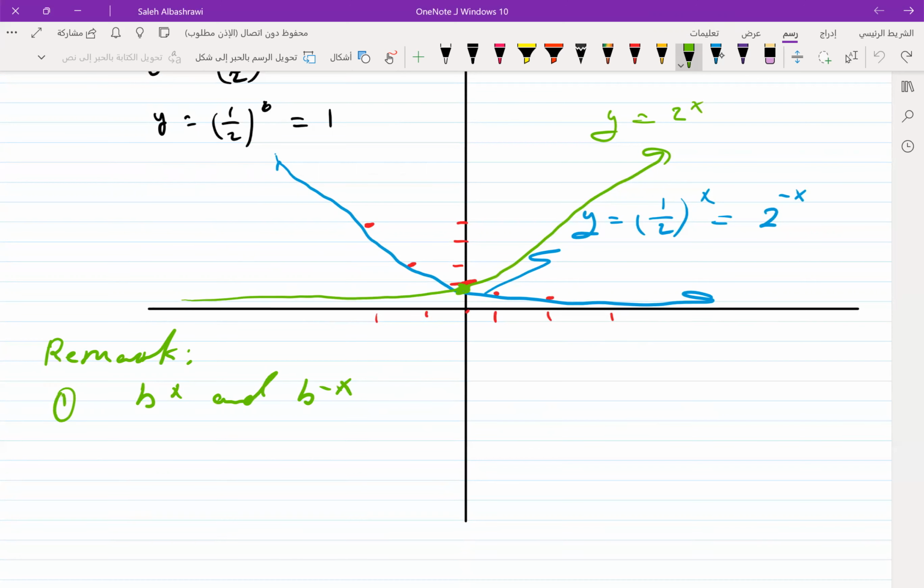If we change the sign of the power, with the same base, b to power x and b to power minus x will be symmetric about the y-axis.